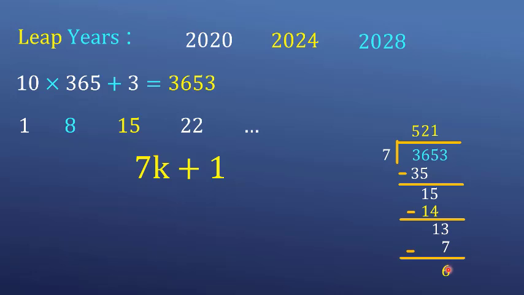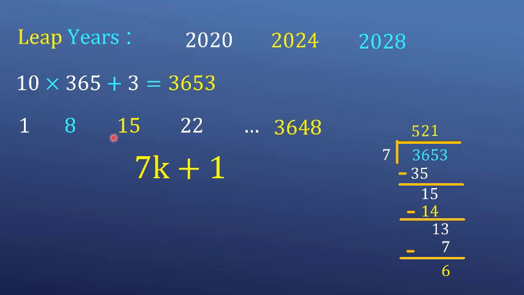Subtract, the remainder will be 6. Because I want to find the last day that when divided by 7 has remainder 1, I should subtract 5 from this. Because the remainder is 6, I should subtract 5 to reach a number whose remainder is 1. If you subtract 5 from 3653, it will be 3648.